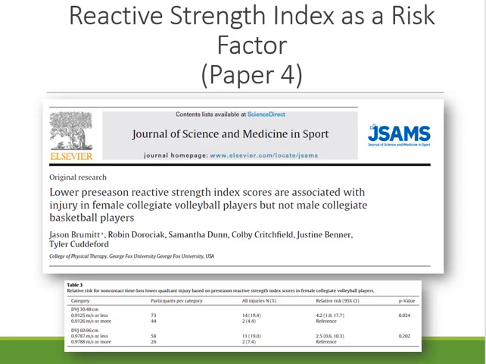We didn't find that at the 2-foot box, but the 2-foot box is something that we added in 2017. We didn't have that in the 2015 and 2016 cohorts. So it's possible that had we had a larger sample, we may have found that also. And the reason I say that is if you look at the all injuries column, what we're seeing there is that there were 14 injuries in the at-risk group and 2 in the lesser risk group.